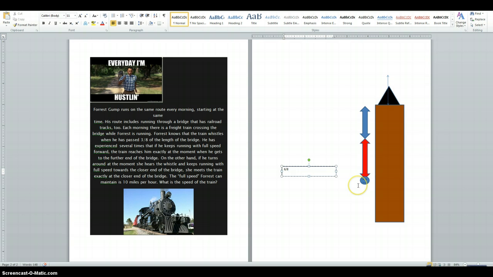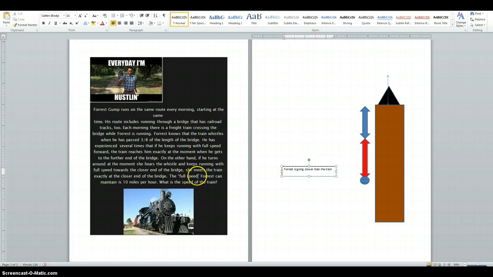So since he only has to travel 1/4 of the distance, if they meet at the exact same point at the end, then we know that Forrest is going 4 times slower than the train, or another way of saying it is the train is going 4 times faster.